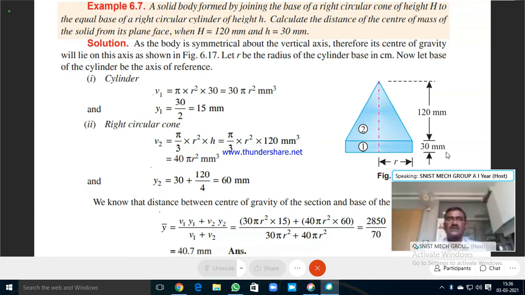Of course, h is given, that is 130. And y2 is from the base 30 plus h by 4, and h is 120, so 120 by 4. So all put together it is 60, and substituting into your formula, r gets cancelled in both numerator and denominator, and you have the centroidal coordinate of the composite volume as 40.7.